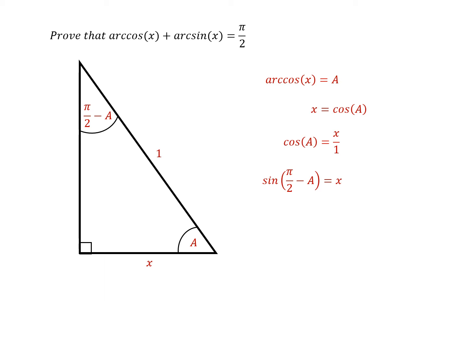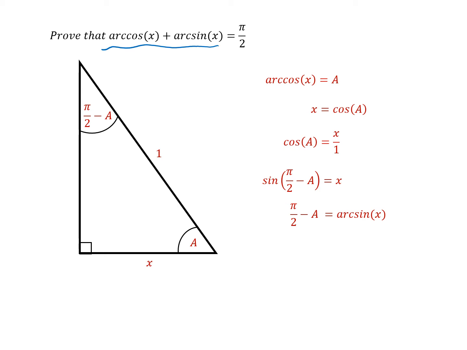Sine of pi over 2 minus A is opposite over hypotenuse, which is also x. So that means that when I do the arc sine of this, I can get pi over 2 minus A equals arc sine x.